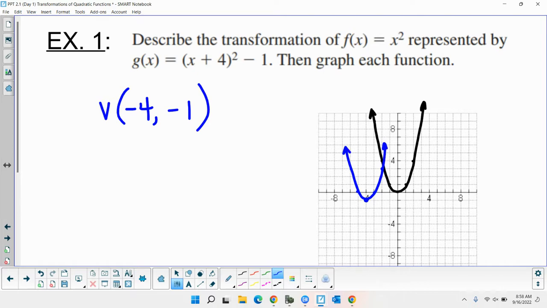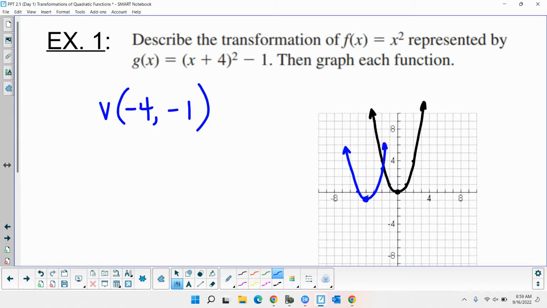Okay? So I like to think about the vertex and not think so much about the transformation. I like to put the vertex down, and then I can look and see what I did from the original vertex to the new vertex. Then I can think about my transformation.